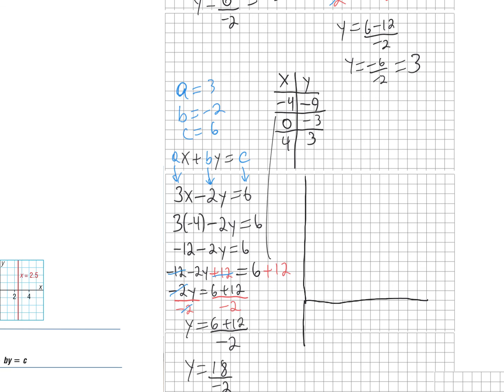I should probably, because I have to go to a negative 9 on my y and a positive 3 on my y, probably want to make my x-axis, which is going to be a negative 4. Oh, I see another thing I can erase right here.